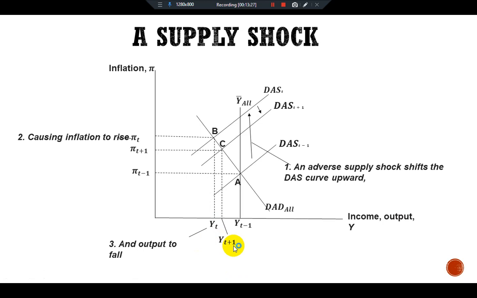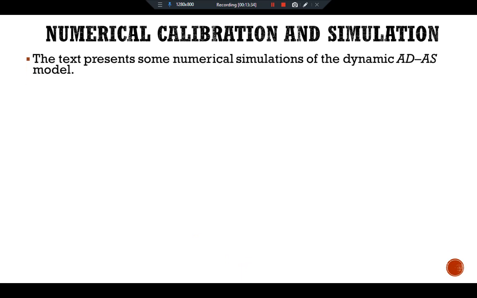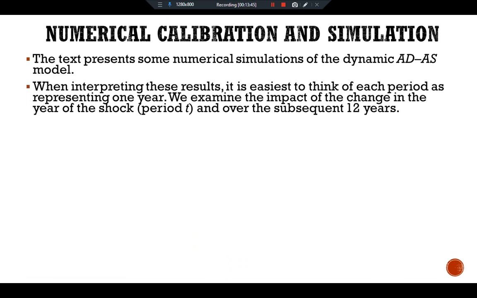Okay, let's discuss the numerical calibration and simulation. The text presents some numerical simulations of the dynamic aggregate demand and aggregate supply model. When interpreting these results, it is easiest to think of each period as representing 1 year. We examine the impact of the change in the year of the shock, period t, and over the subsequent 12 years.